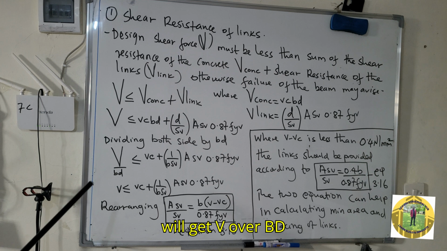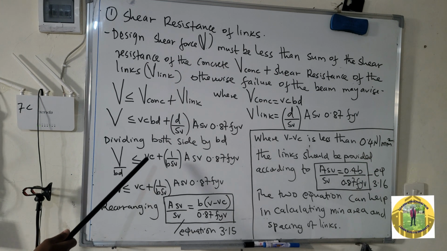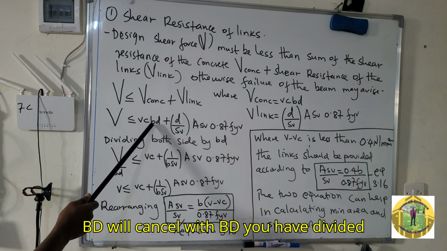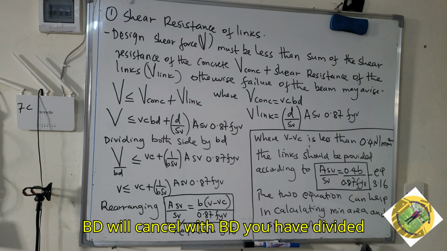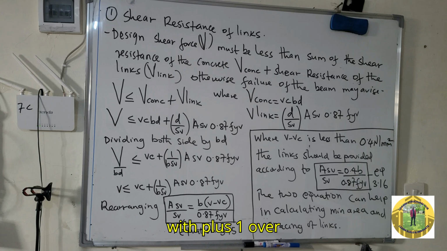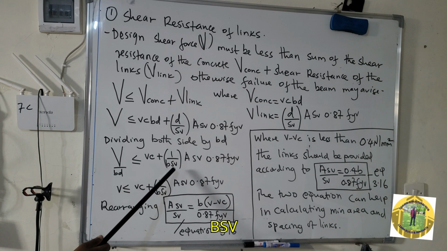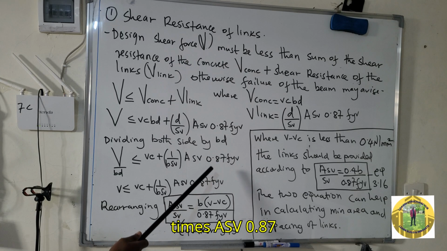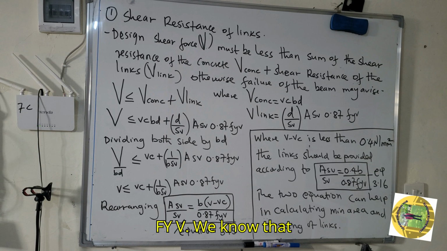So you will get V over bd is less than or equal to vc, since bd cancels with bd you have divided with, plus 1 over b Sv times Asv 0.87 fyv.